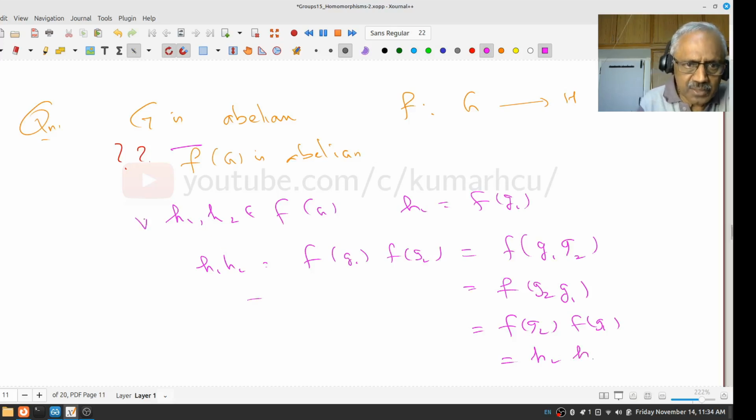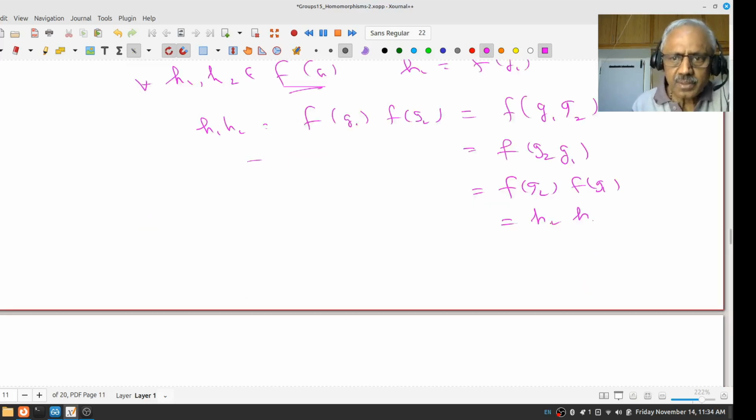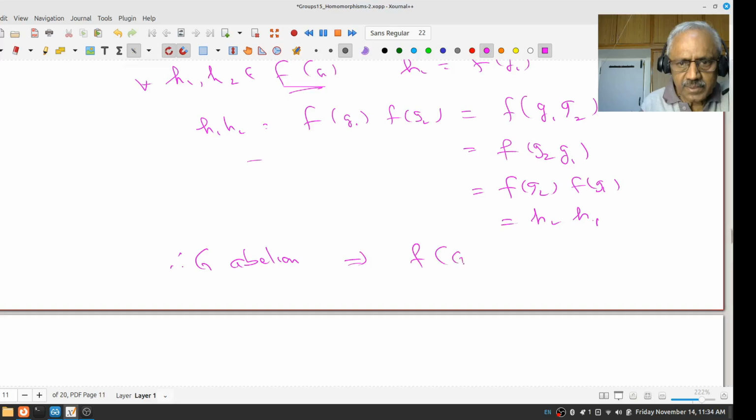Therefore, for all h1, h2 in f of G, we proved h1 h2 equal to h2 h1. Therefore, G abelian implies f of G is abelian.